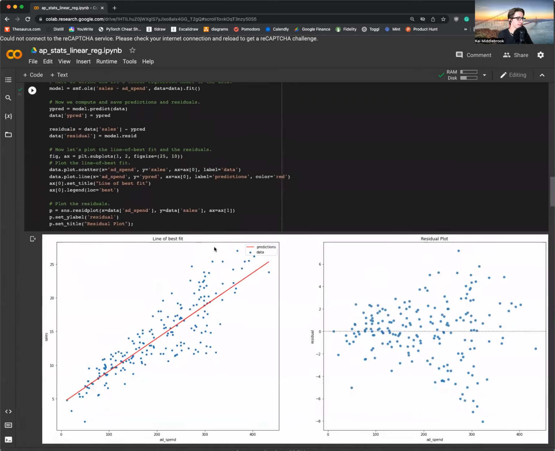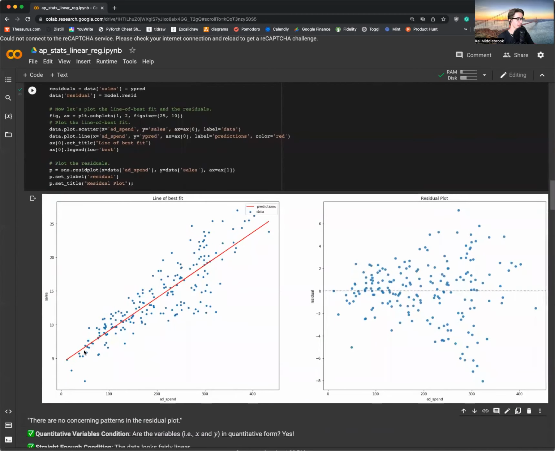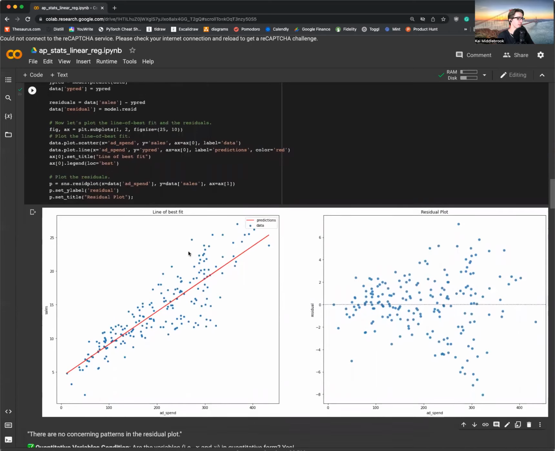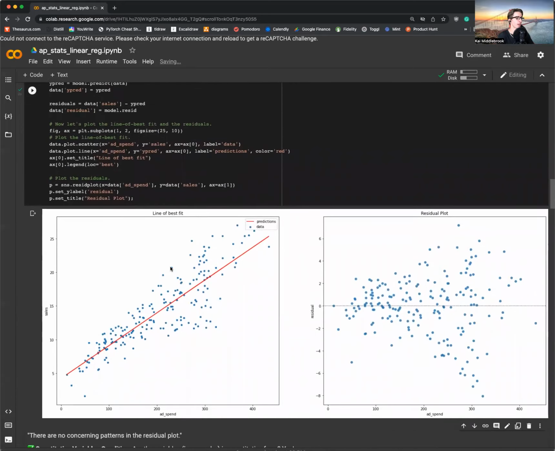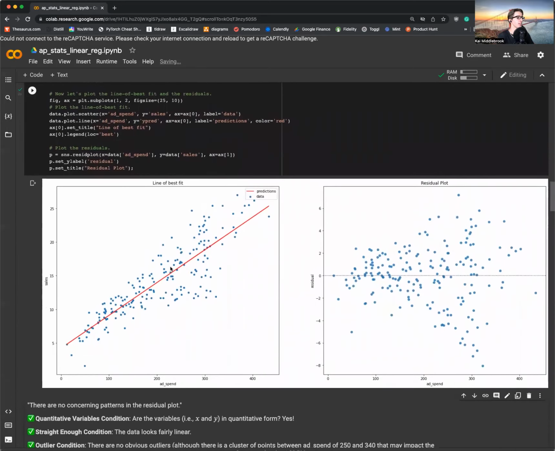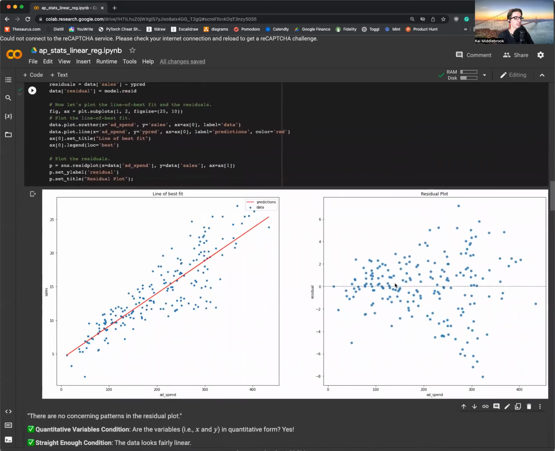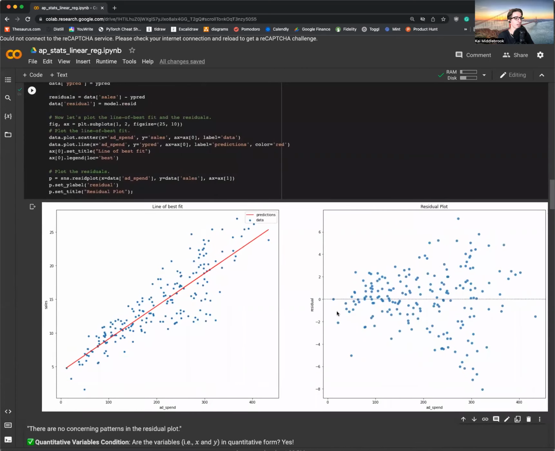So taking a look at the line of best fit, yeah, it looks like we fit the data pretty good. I mean, the values above the line and below the line look relatively equally distributed, which would be one way of verifying the equal variance. But again, the best way is to really look at this residuals plot, and taking a look here, we can see that it looks relatively random, no obvious patterns in the data.